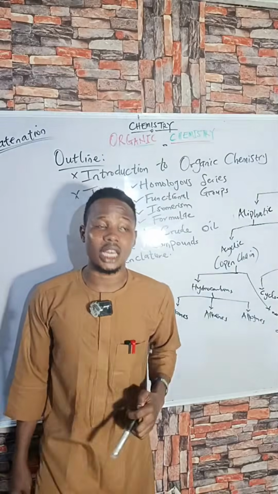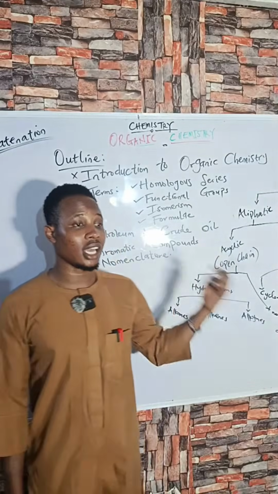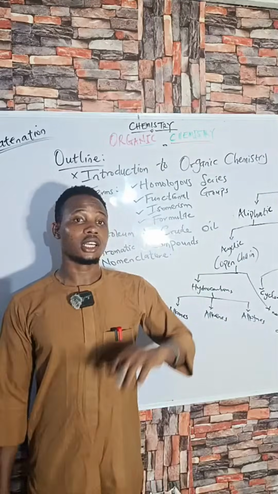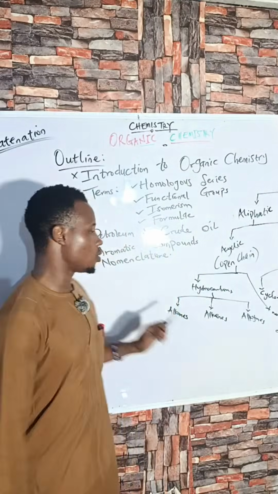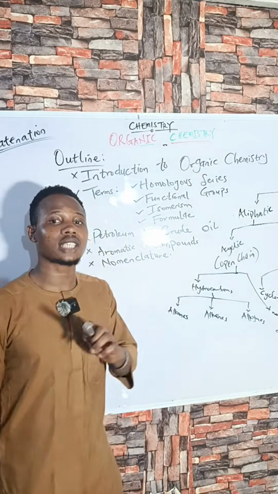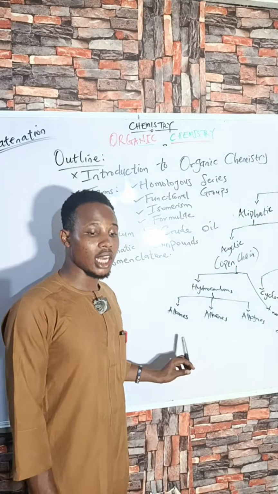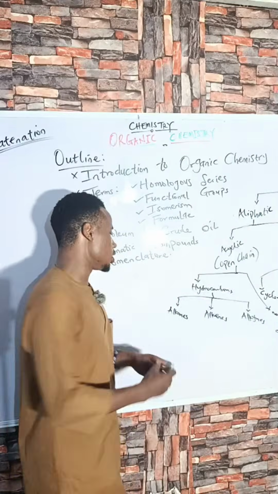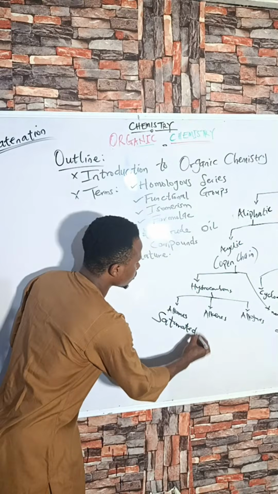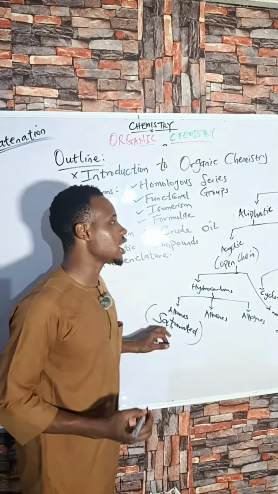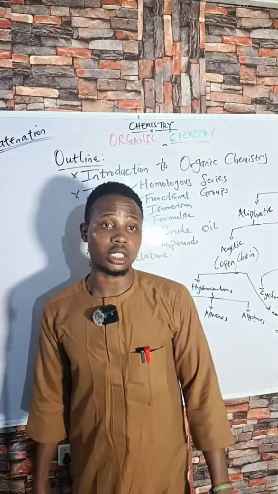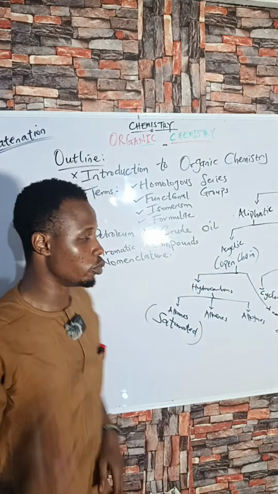So if you have a question that says a particular substance X does not decolorize bromine water, you may want to consider your saturated compounds, which are majorly alkanes. Alkanes are saturated organic compounds and they do not decolorize bromine water. However, aside from alkanes, your aromatics, benzene, also do not decolorize bromine water.